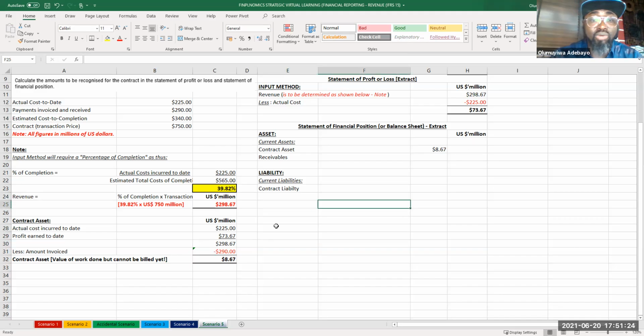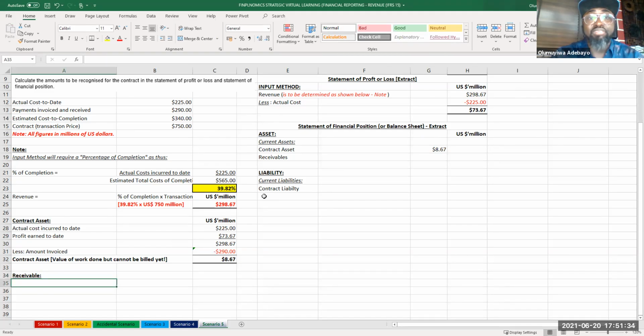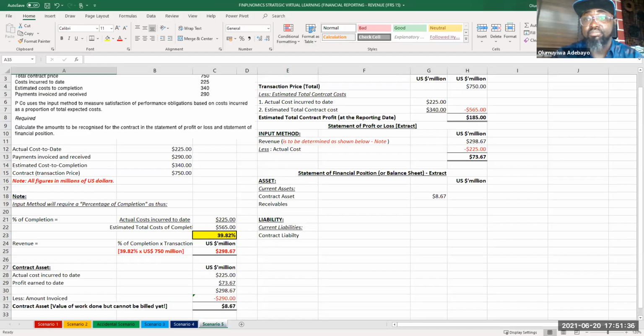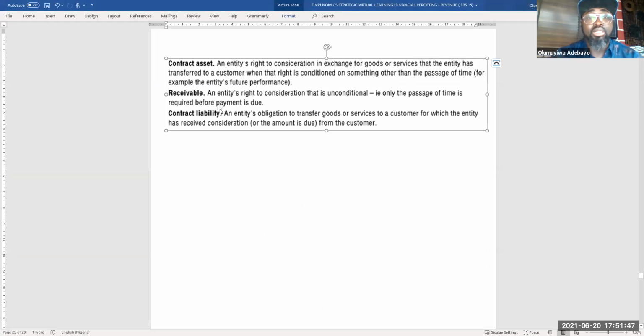Now, what is my receivable? What is the definition of receivable? We'll go back. Receivable entails when an entity has a right to consideration that is unconditional other than passage of what?